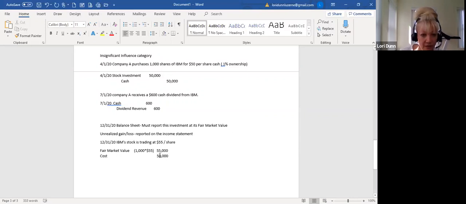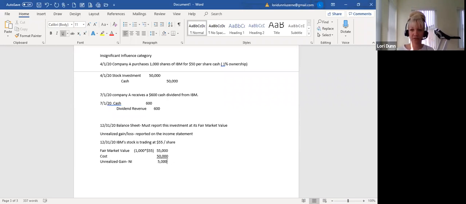So this stock investment increased in value by $5,000. So there is an unrealized gain, and this will be NI for net income, the income statement, $5,000.